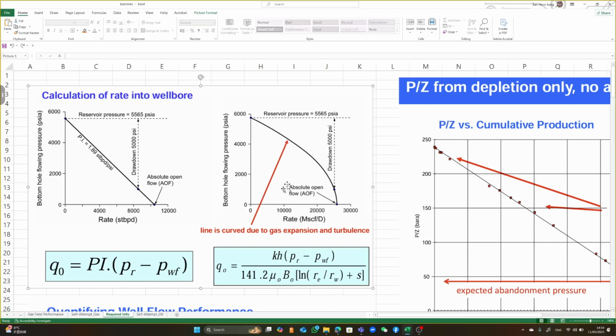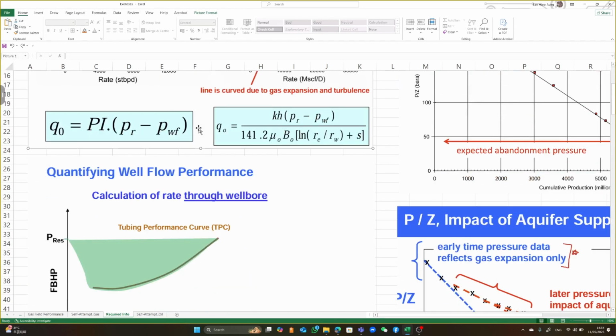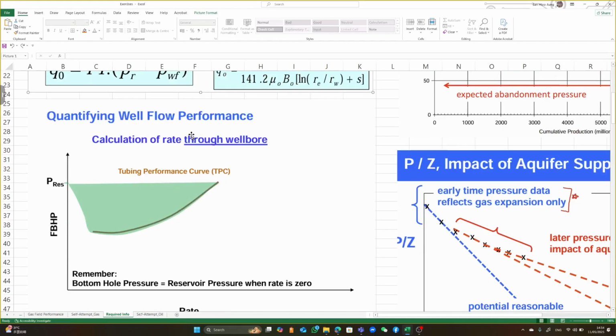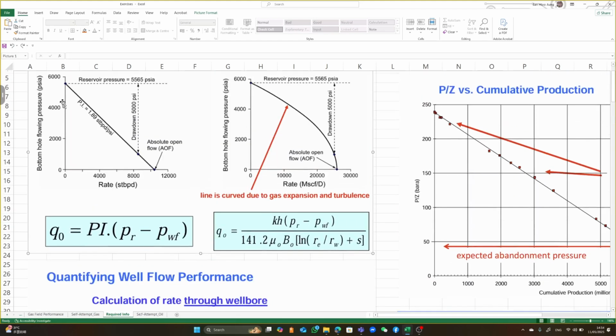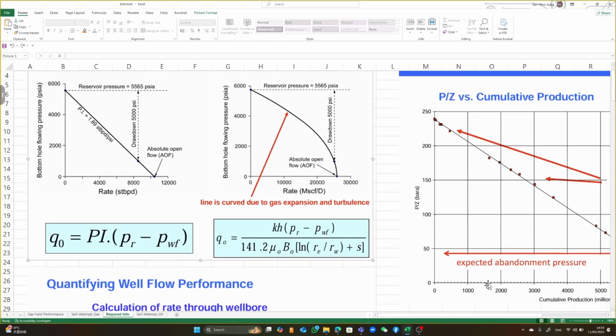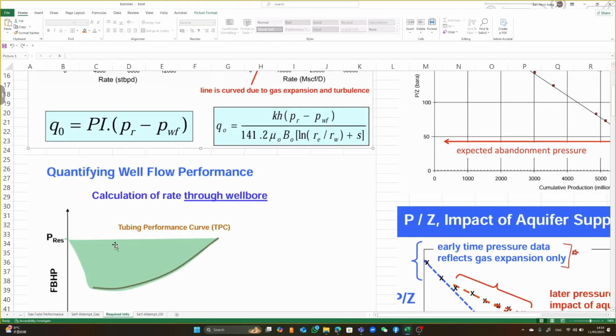And these could either give you a linear straight line or a slightly curved or exponential kind of curve. And using these two profiles, in combination with what I was talking about at the start of this section, which is the vertical lift performance curve, which looks like this, we can actually start to predict. So okay, you see this curve, right?